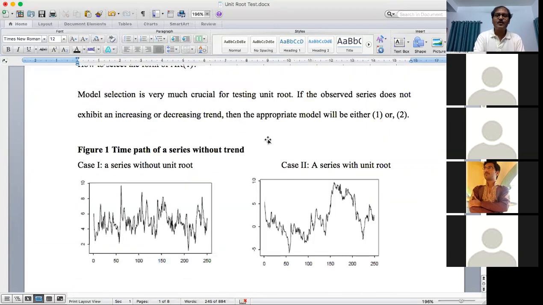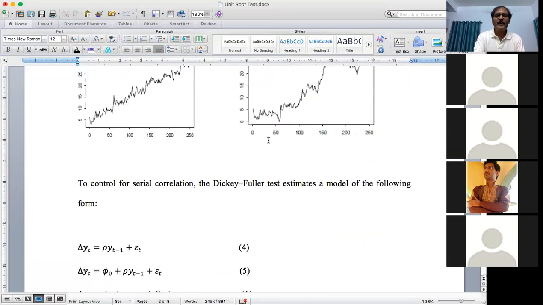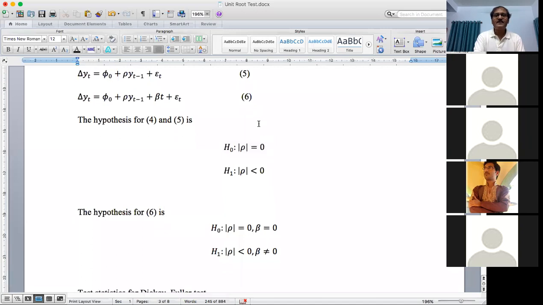Now it becomes rho equal to 0. Why? This is because rho is equal to phi 1 minus 1. So phi 1 equal to 1 is equivalent to rho equal to 0. So rho equal to 0 indicates phi 1 is equal to 1. That is the presence of unit root. And the alternative was, in our earlier case, phi 1 less than 1.